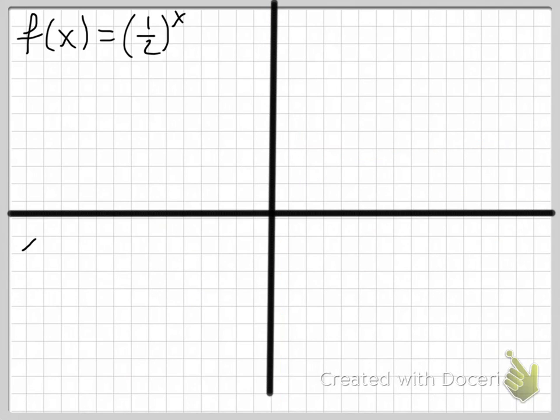Alright, I figured I'd do one more example with an exponential decay. So we're going to look at an exponential function with a base of 1/2, and we'll play the same game. I'm going to use the points -3 through 3.